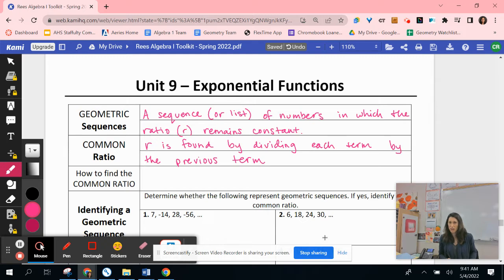We kind of looked at that already. r is found by dividing each term by the previous term. So choose any term except the first one, and divide by the one before it.